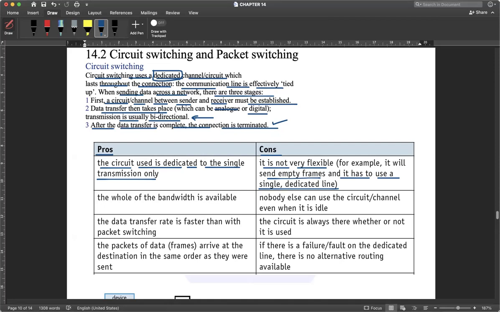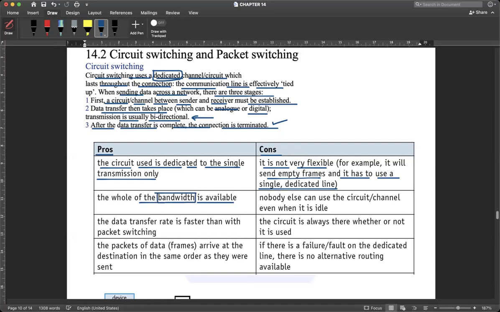So this difficulty happened, okay. Just like that, in circuit switching we are facing the problem because we are using a dedicated channel. Number two, advantage: the whole of the bandwidth is available, because it's a dedicated channel or line from one computer to another, so all the bandwidth is available in the transmission.